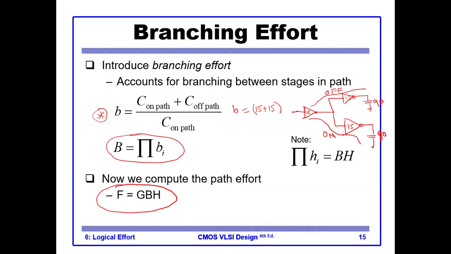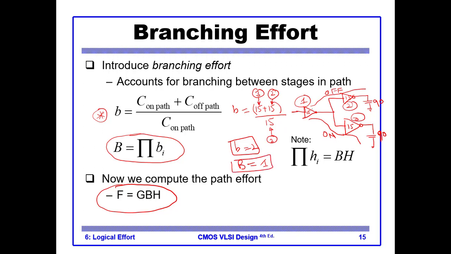So let's say this is our inverter 1, this is our inverter 2, this is our inverter 3. So B is equal to the capacitance in the on path, which is 15, plus 15, where this 15 is coming from inverter 3 and this 15 is coming from inverter 2, divided by 15, which is coming from inverter 2. So b is equal to 2. And because we have a single branch, capital B is 1.